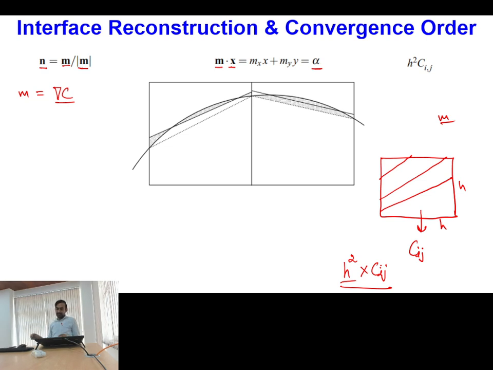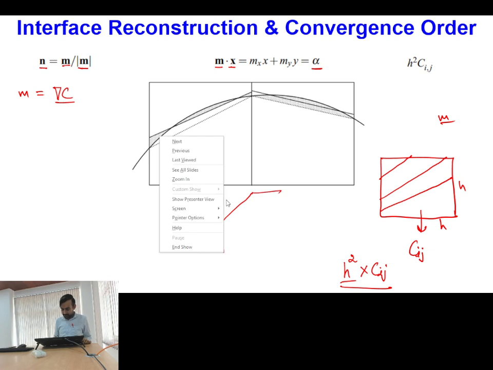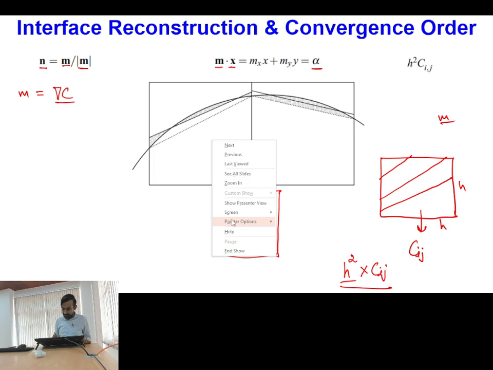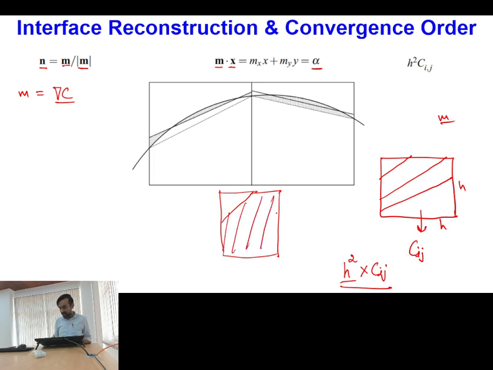So whenever you place this line, you have to select the location of the line in such a way that the area covered by this line is identical to h square into Cij. Is this point clear? Are all clear with this point?